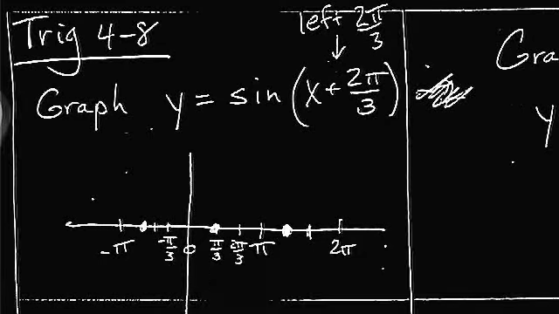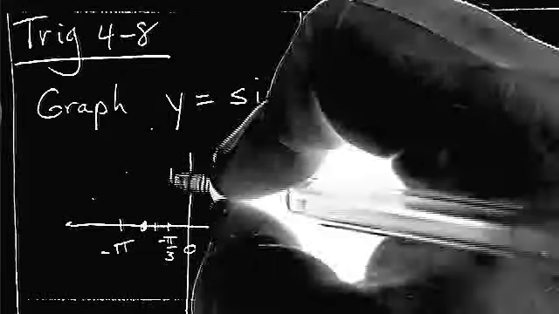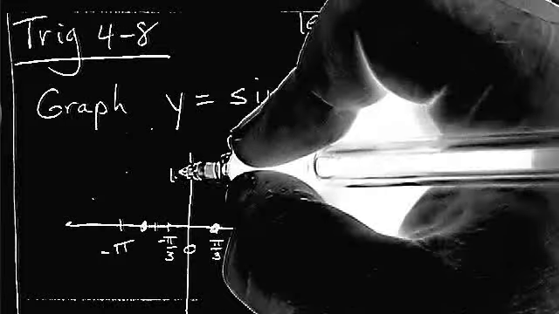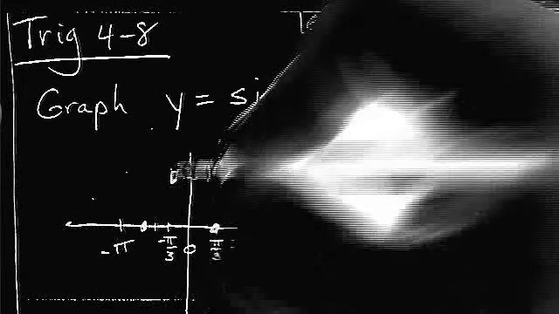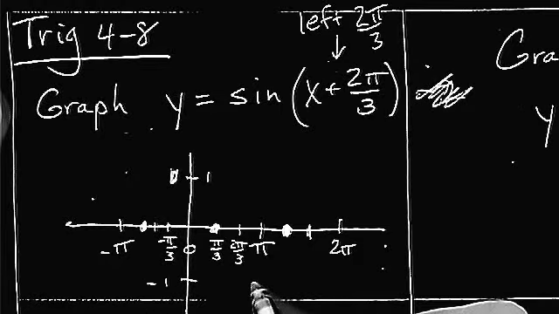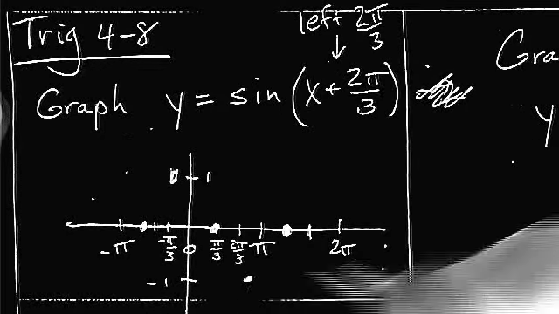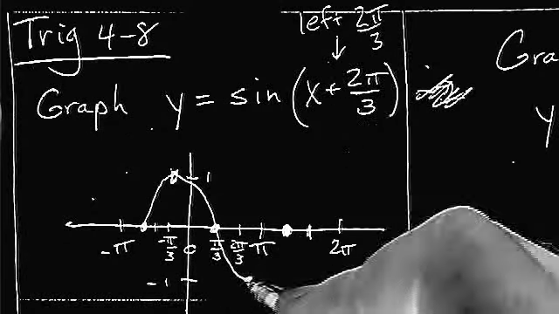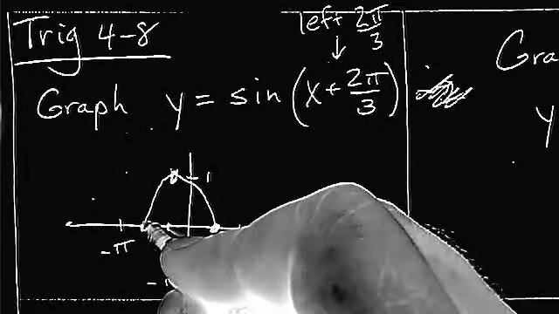Halfway in between these two, I would have my highest value at 1. Guess I should have put it over there since it's about right where it needs to go. And halfway in between these two, I would be at my lowest value at negative 1. So there's my sine wave. Whoops. Not my best work.